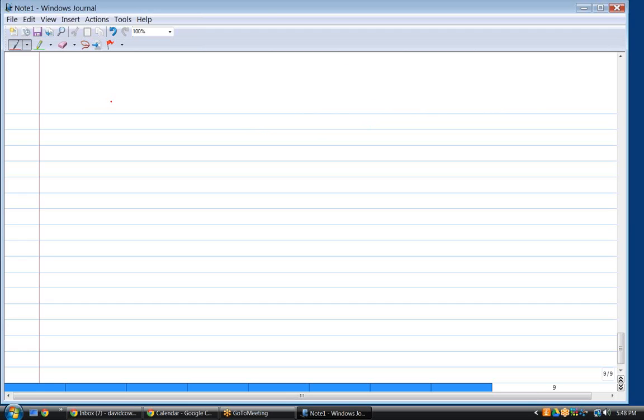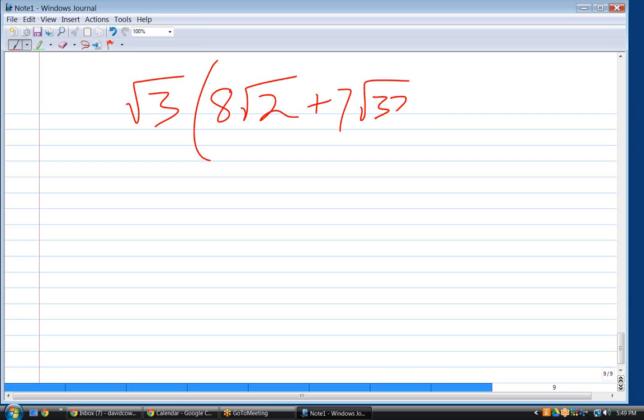And then it's getting into stuff like parentheses. So it's square root 3, parenthesis 8 square root 2, plus 7 square root 32 inside the parentheses. Okay.